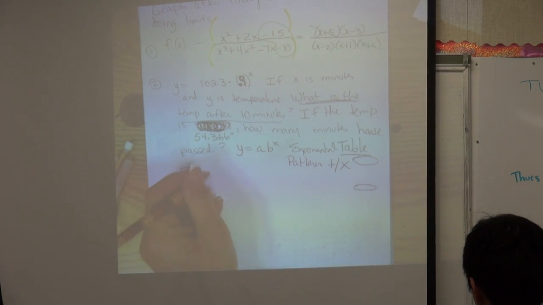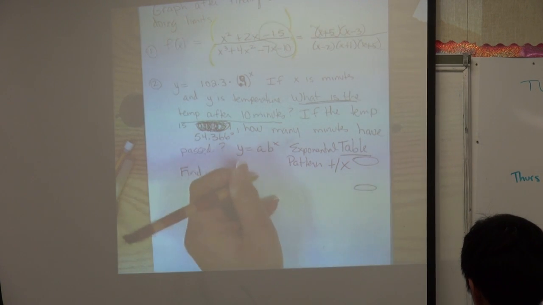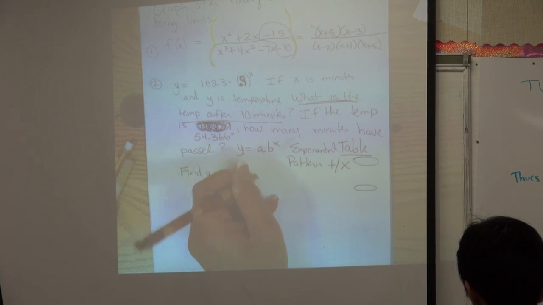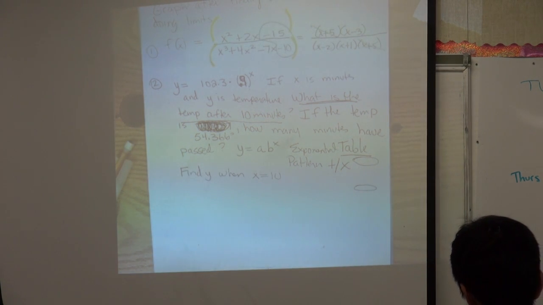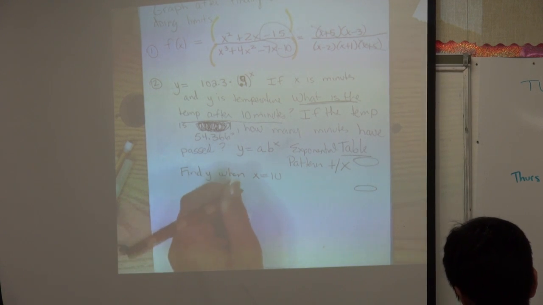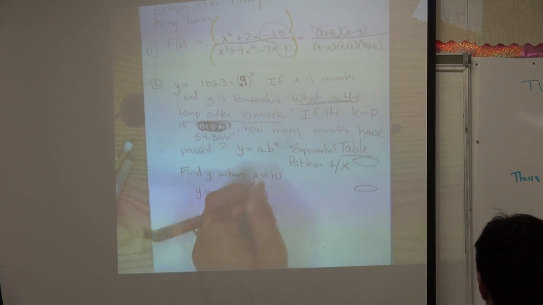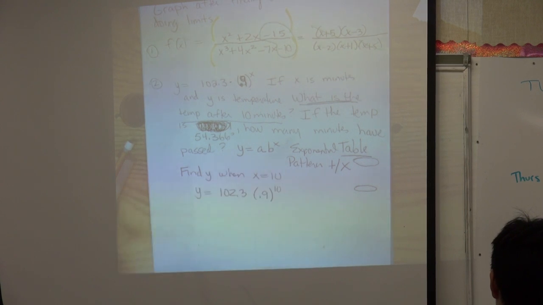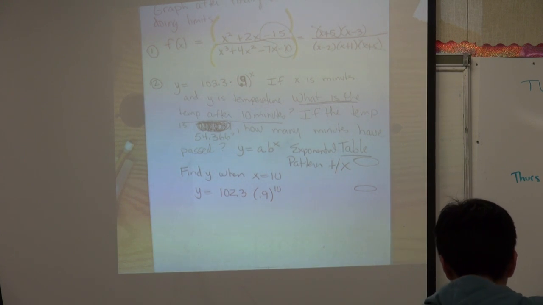Why? When x is 10. Which means you would plug in 10 for x. And if I say numerically, then I'm allowing you to use your calculator and the table.